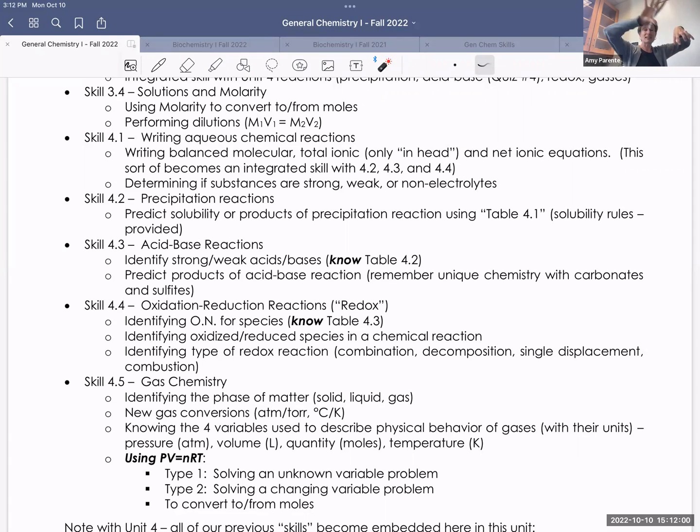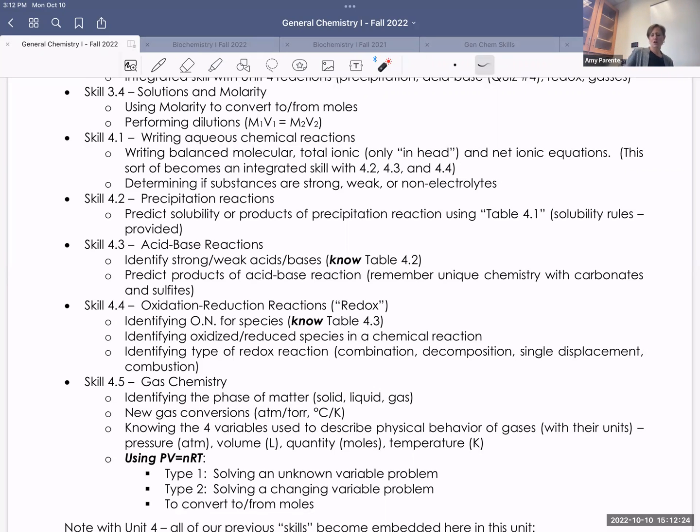And then there's a second half, but if you happen to watch the video that I have up on gas stoichiometry, there's a part at the end that talks about not ideal gas laws and effusion and diffusion. Some of these more theoretical or physics-based concepts we've moved to Gen Chem 2. Okay, so you'll see those in Gen Chem 2.